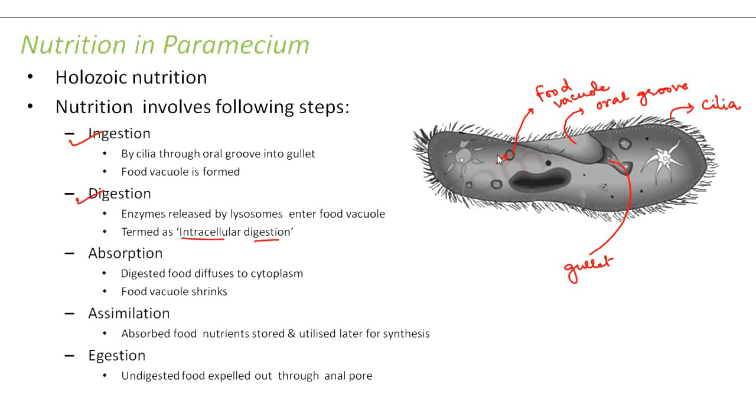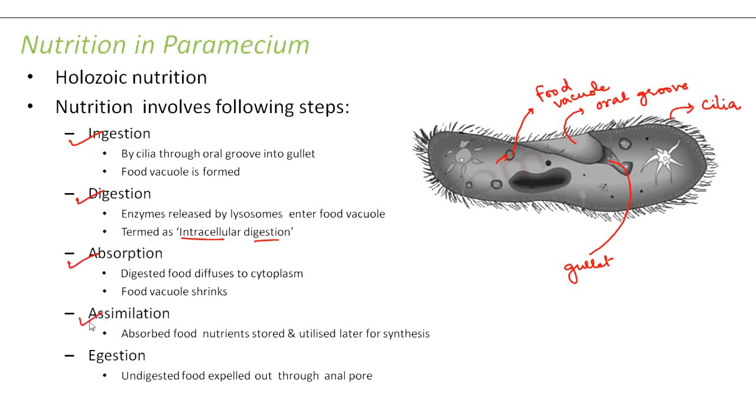For absorption, the digested food diffuses to the cytoplasm and the food vacuole shrinks. Inside the food vacuole was our food. Due to the action of the enzymes, the food is digested. The digested food will come out of the food vacuole. Once the content of the food vacuole is emptied, the food vacuole will shrink. And now the digested food will remain in the cytoplasm.